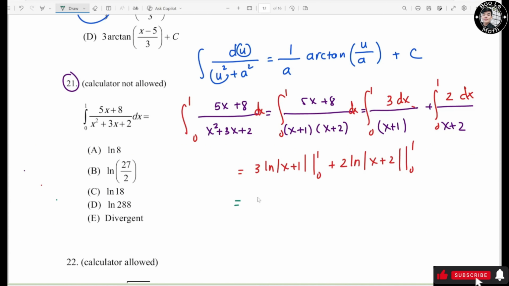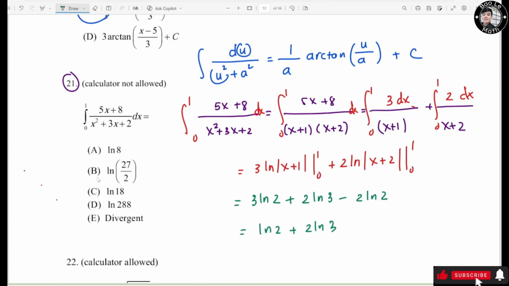Substitute 1 for s: 3 ln 2. Substitute 0 for s: ln 1, which is 0. Substitute 1 for s: plus 2 ln 3. Substitute 0 for s: minus 2 ln 2. So it's going to be ln 2 plus 2 ln 3.